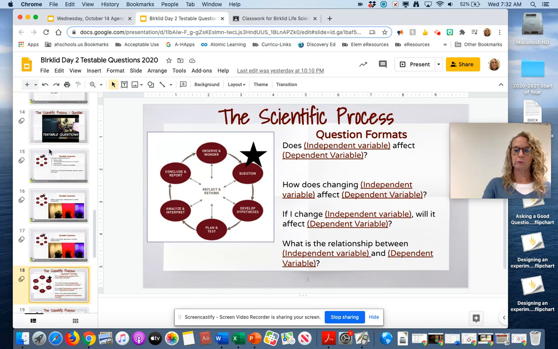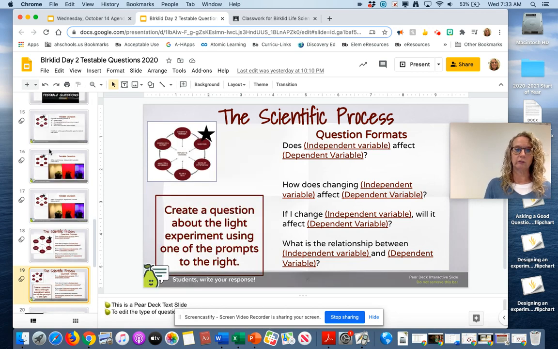Using the resources, we know that our independent variable is the color of light, and for our dependent variable, we can pick one. The height of the plant would work, the surface area of the leaves, the time to germination, all kinds of things. So we're going to ask you to create a question about the light experiment using one of the prompts to the right, inserting the independent variable and the dependent variable.